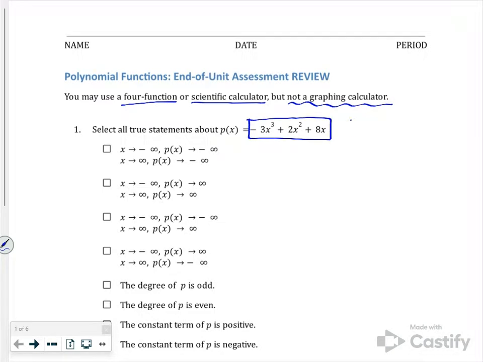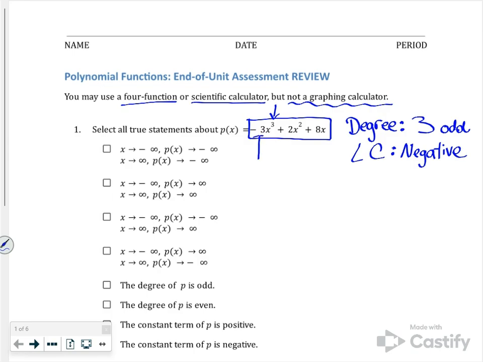The first thing to recognize is that it is a degree of 3, because the largest exponent is a 3, which means it is an odd degree. The next thing to notice is that the leading coefficient is negative. If you look at the number attached to x cubed, it's a negative 3.